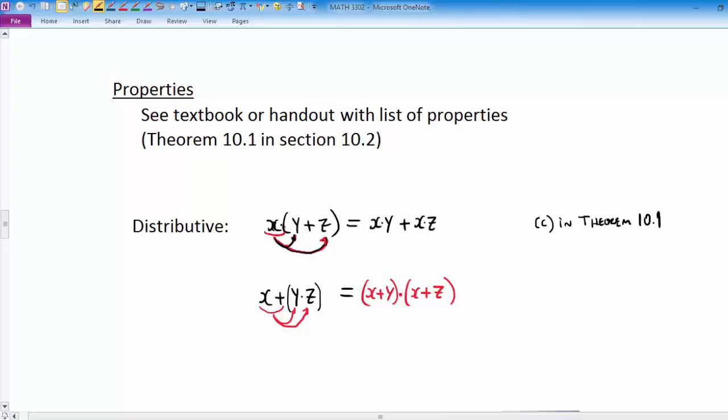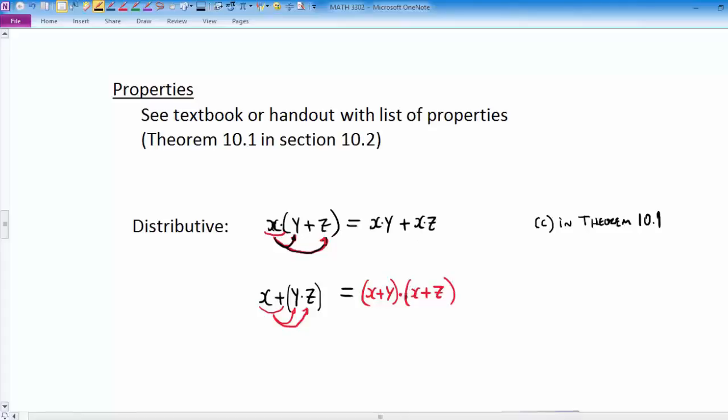Now I'm using the alternative symbols here. This is very similar to our regular algebra, when we distribute a multiplication into a sum. So x and then in parentheses we have y or z. We can simply distribute x into y plus z.